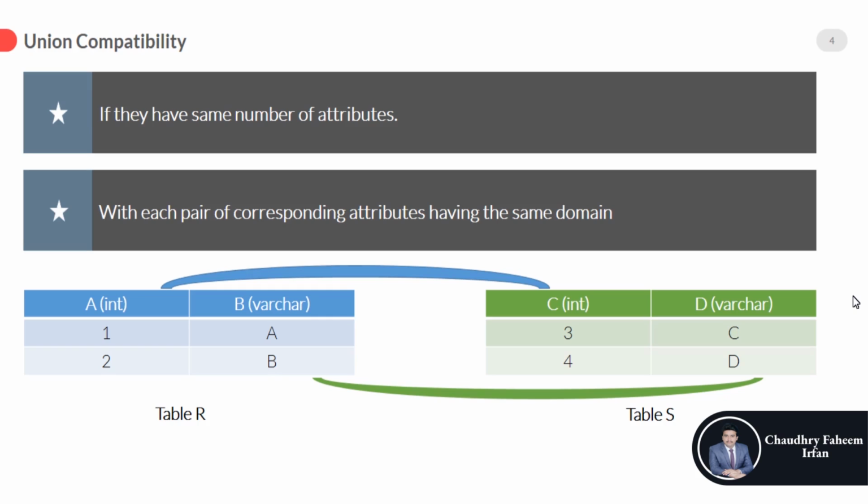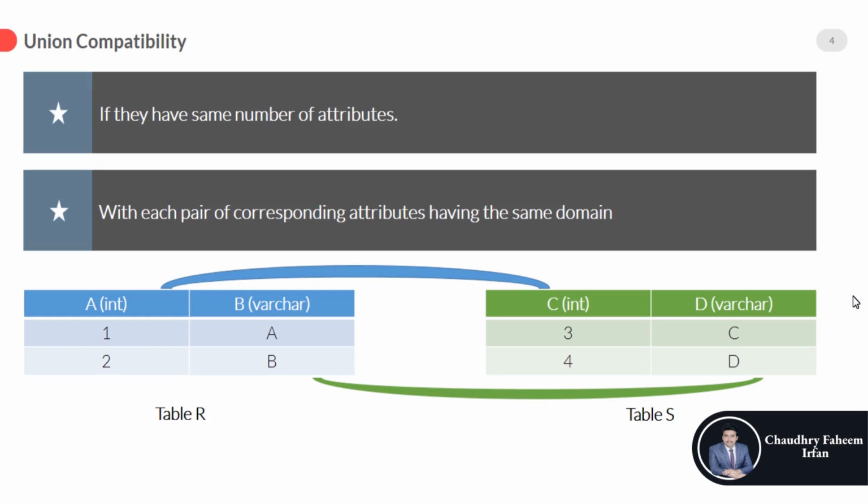Look at the relations R and S. R contains two columns. One is A with domain integer, and the corresponding column C, which also has the integer data type, and column B from table R and column D from table S have the varchar data type.